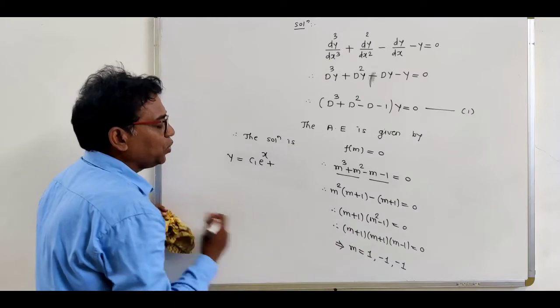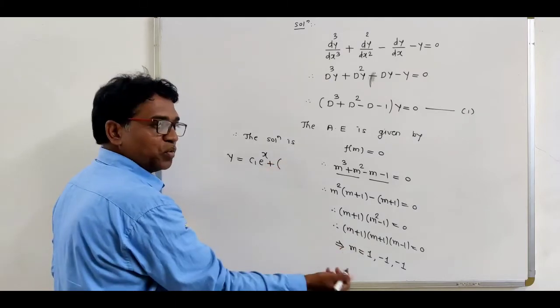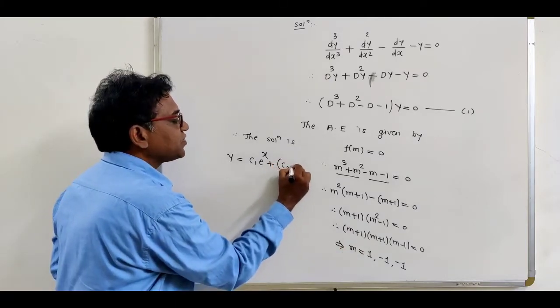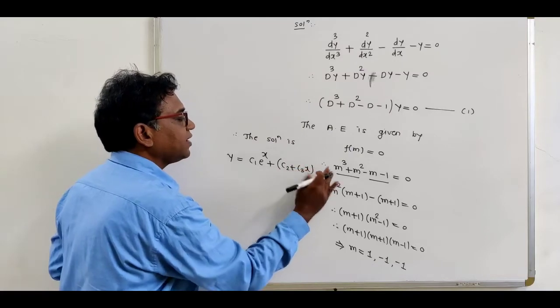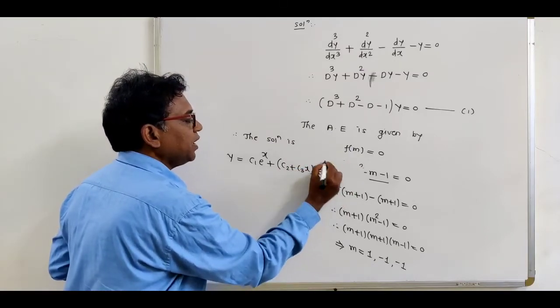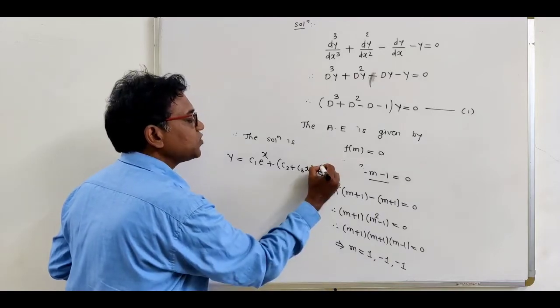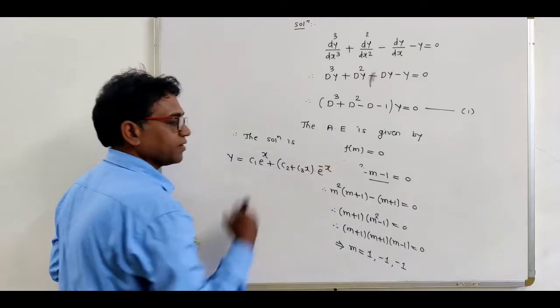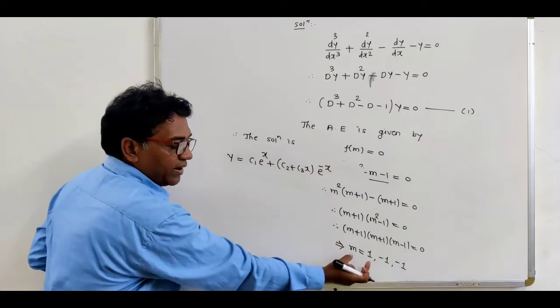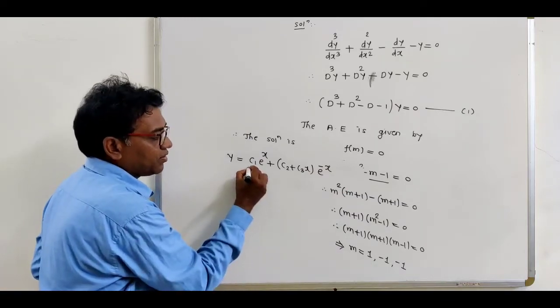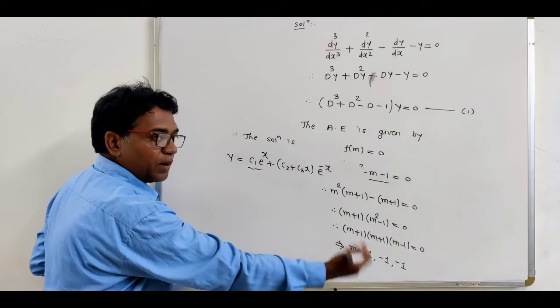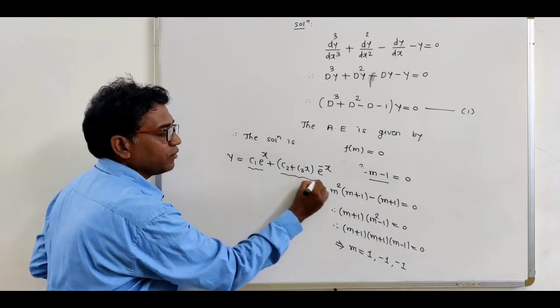Root repeats 2 times, so we use 2 constants, (c2 plus c3 x) into e raised to m1x. What is the value of m1? That is minus 1. So this is e raised to minus x. So for distinct real roots this is the formula, and for the repetition of the root, this is the formula.